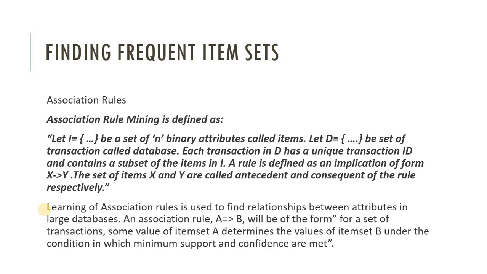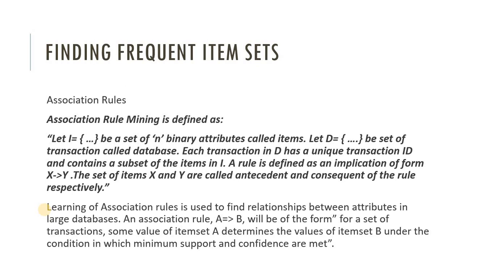Now let's quickly revise what association rules are. Association rule mining is defined as follows: let I be a set of n binary attributes called items, and D be a set of transactions called the database. Here D is the whole transaction database, and I is just the set of attributes of that database.